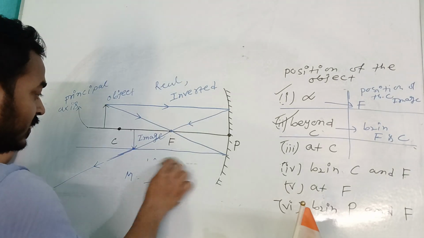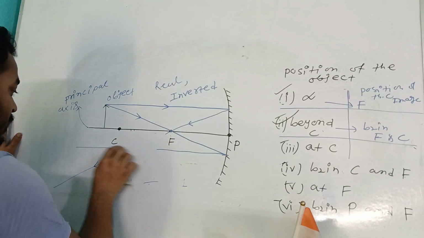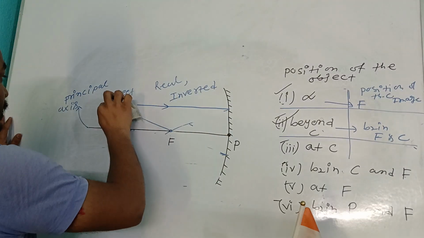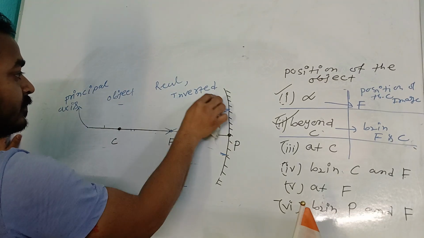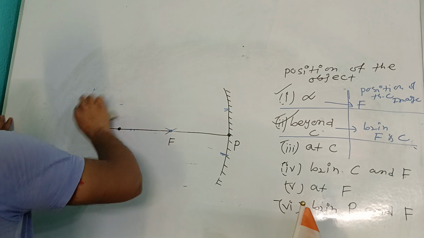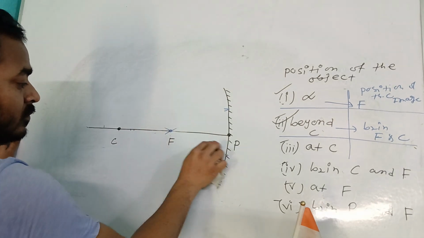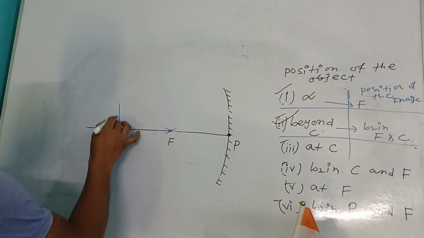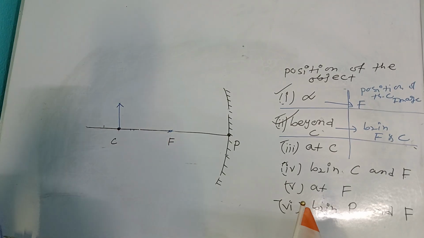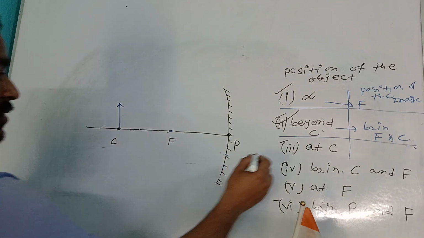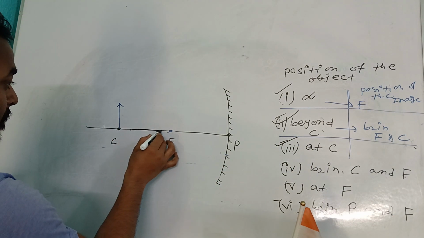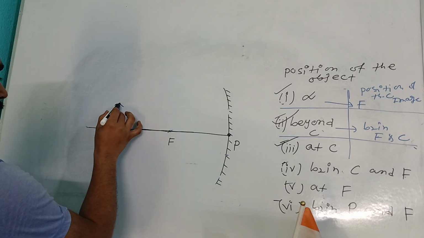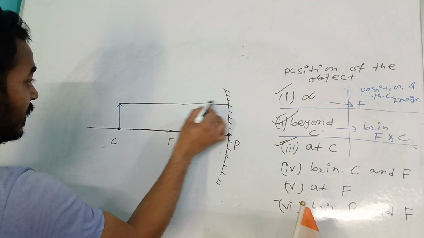So let me erase this part. Next one, the object is at C. Done? So now the object is at C. Again, the same case, we have to take one incident ray which is parallel to the principal axis.